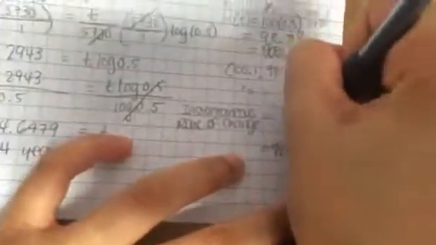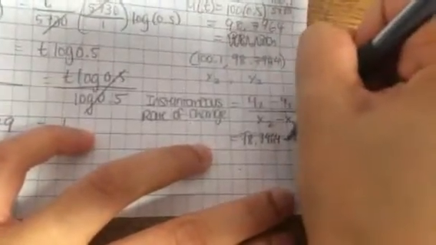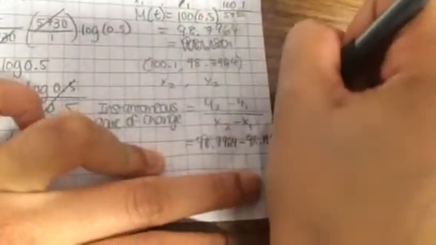I'm just going to leave it at 98.7964. Okay. So now, plug in my values. So my y2 value, which is 98.7964, minus my y1 value, which is 98.7988, divided by my x2 value, which is 100.1, minus my x1 value, which is 99.9.